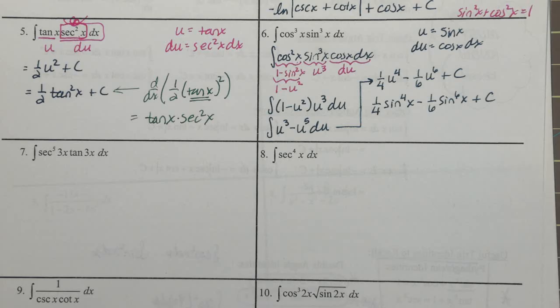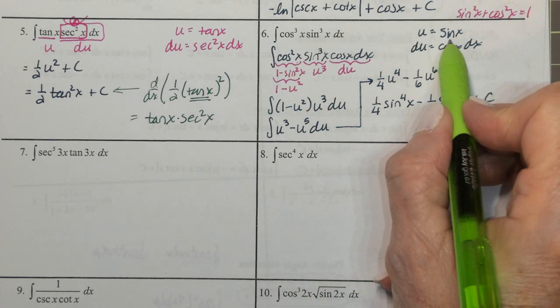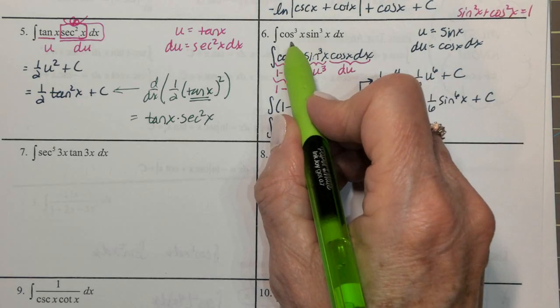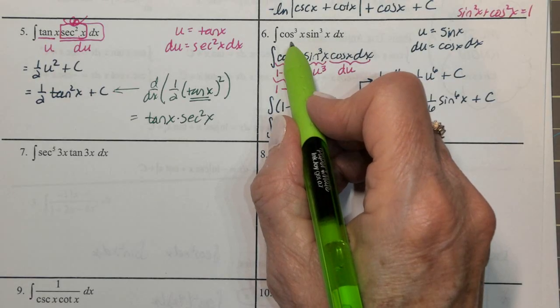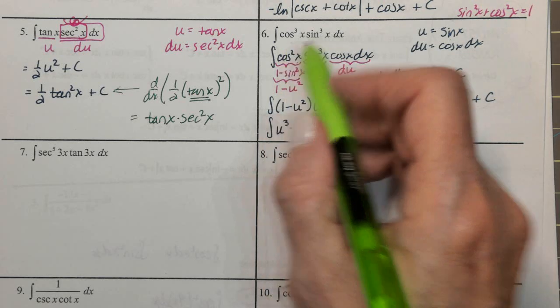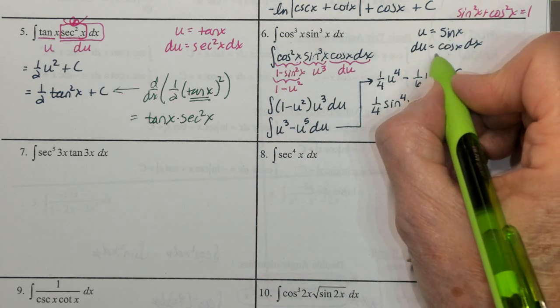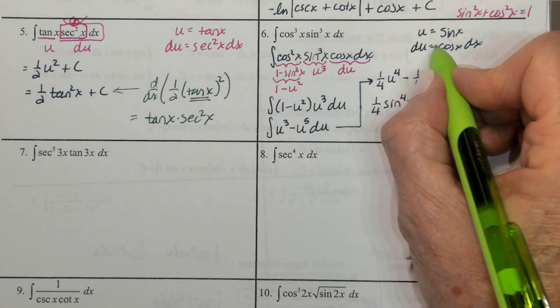Okay? By the way, if instead of letting u be sine x, we let u be cosine x, that would have worked out very similarly. The only difference is when we're taking du, we would have a negative sine x.